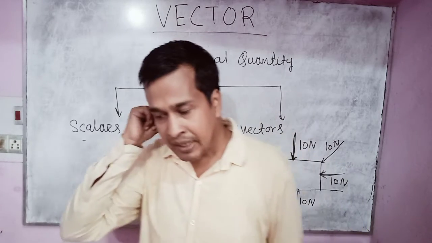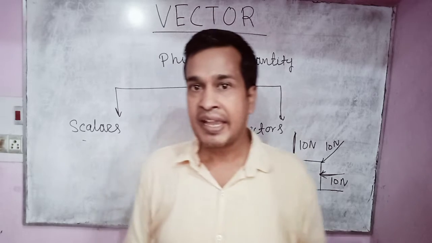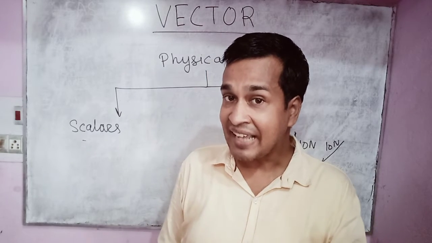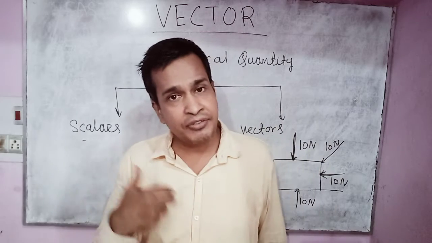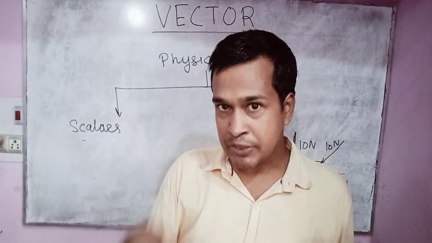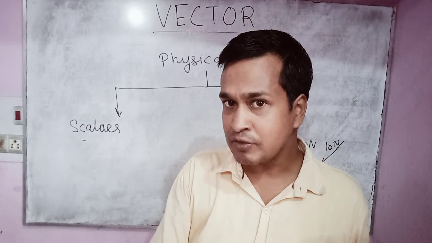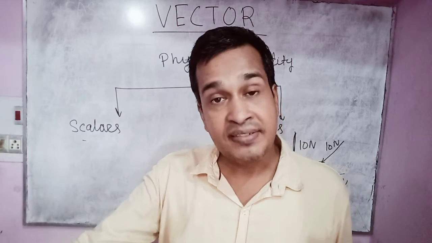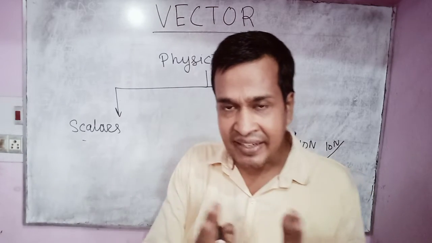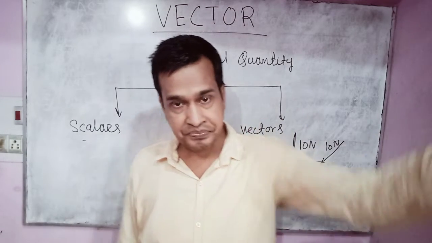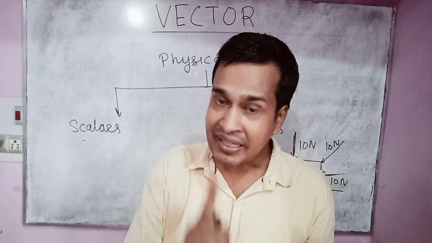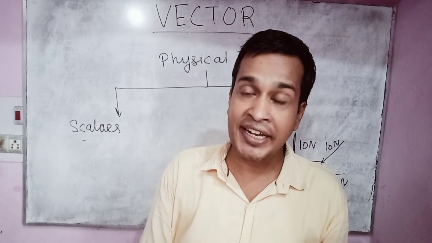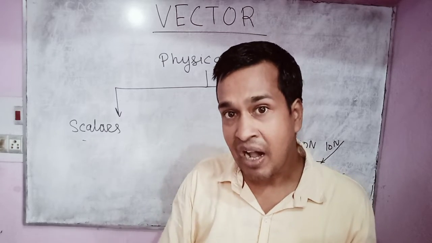For example, electric current is a scalar physical quantity, but it has magnitude and direction also. Then why is it a scalar physical quantity when it has magnitude and direction? The reason behind it is that although electric current has magnitude and direction, it is added according to the ordinary algebra rule.